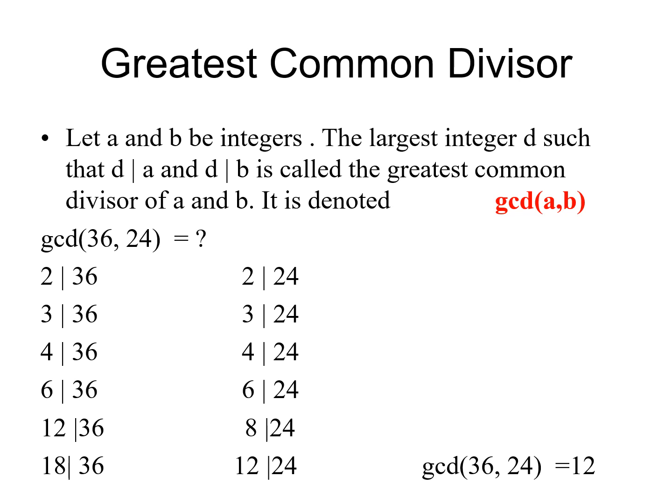Like that, different factors of 24 are 1, 2, 3, 4, 6, 8, 12 and 24. So if we are considering the common factor or the greatest common factor, you can see that 12 is the greatest common factor. So GCD of 36 and 24 is 12.